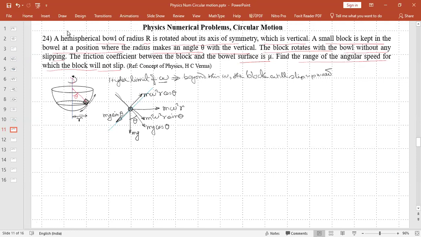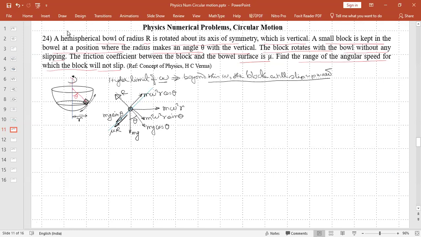And this force is the reaction force R. Since the block is going to have a tendency to slip upward, there is another force, the frictional force downward, which is mu R. These are the forces.